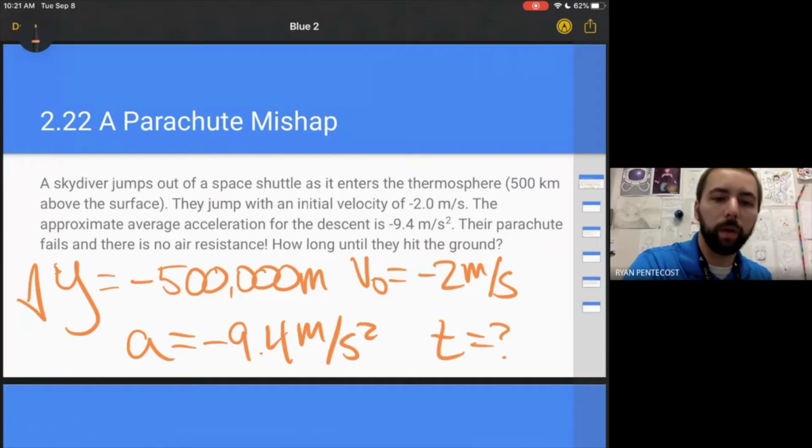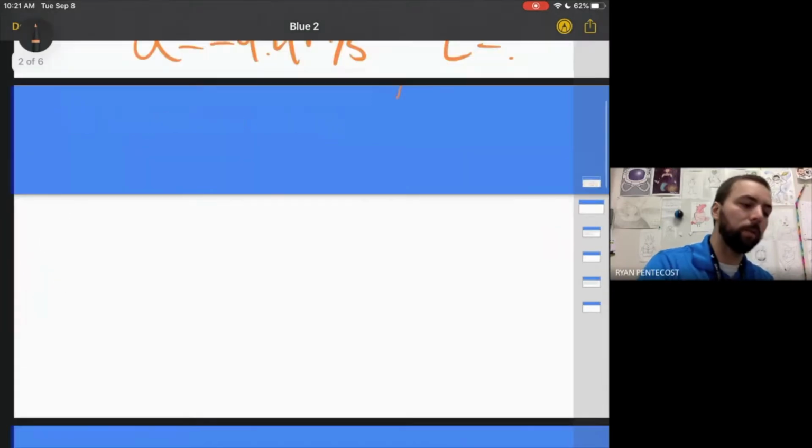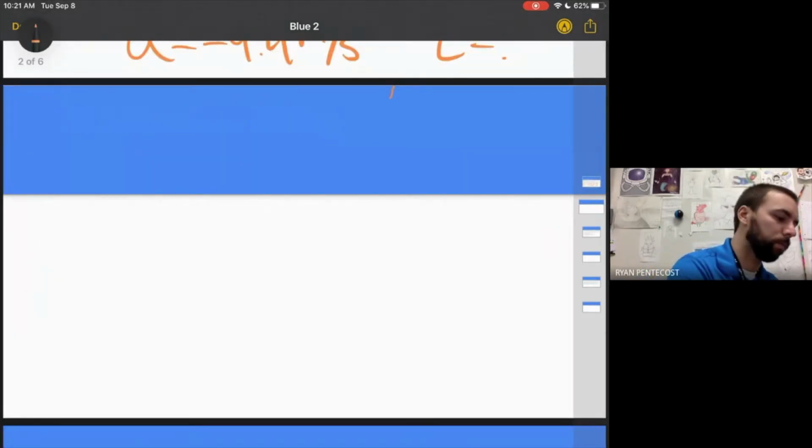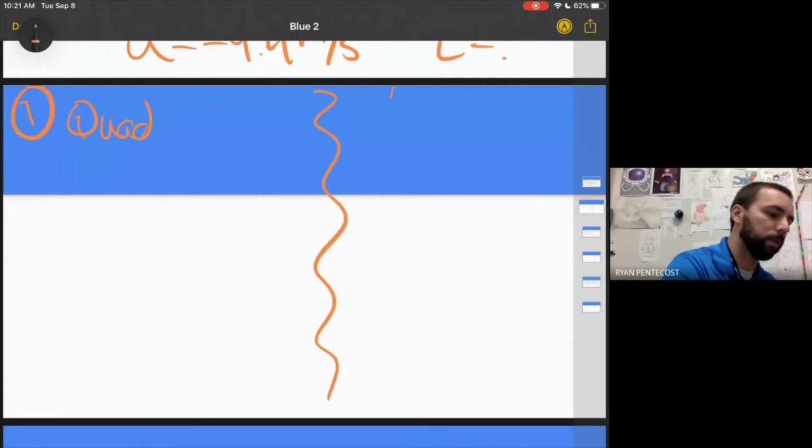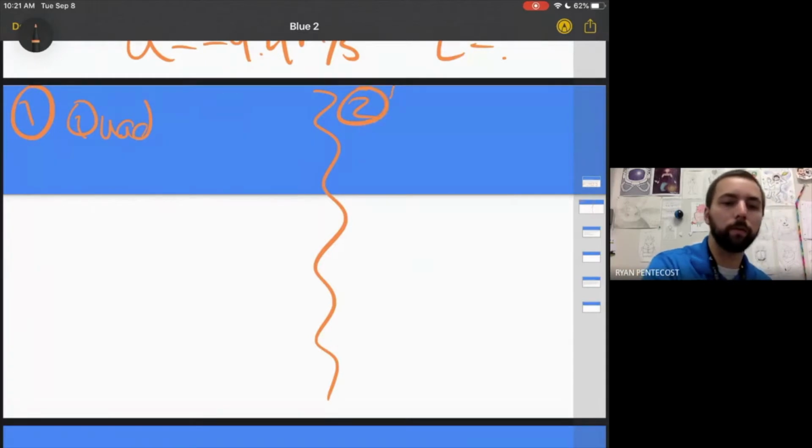So there are a couple methods that we can use for this. First method, use the quad. Or second method, what we can do is we can solve for v final, then use v final to solve for time. Because in this scenario, this is one of those times where you don't have the right givens to solve it all at once using one of the 3 kinematic equations.